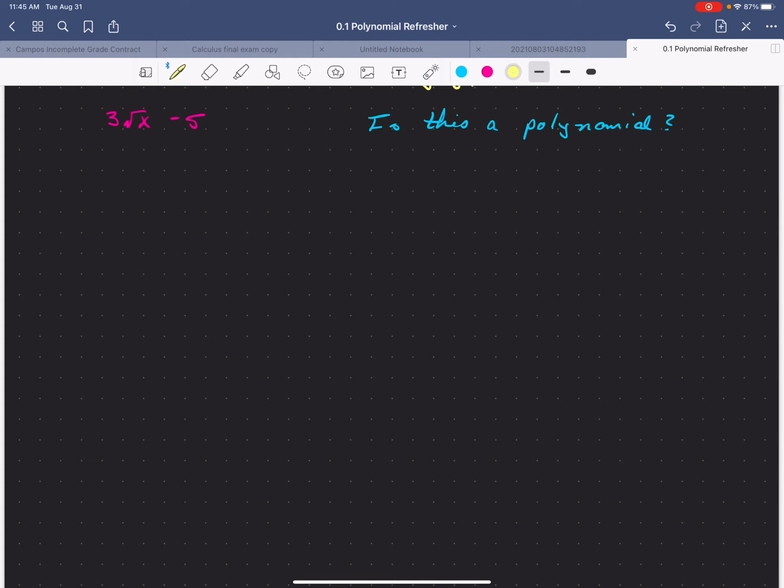And the answer is no. And the problem is right here, because the square root of x, you may or may not recall, is the same thing as x to the 1/2, which is not an integer exponent because 1/2 is not an integer.